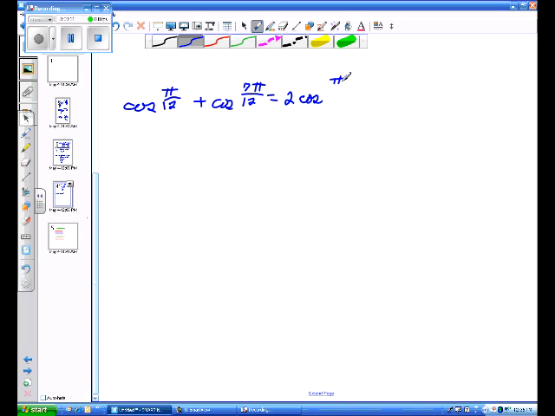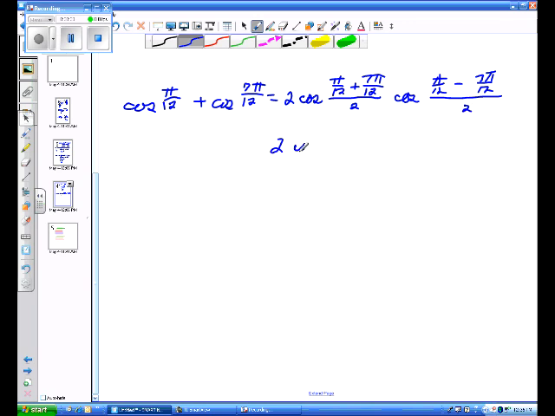Well, that's going to be pi over 12 plus 7 pi over 12 divided by 2, then the cosine of the difference. So pi over 12 minus 7 pi over 12 divided by 2.